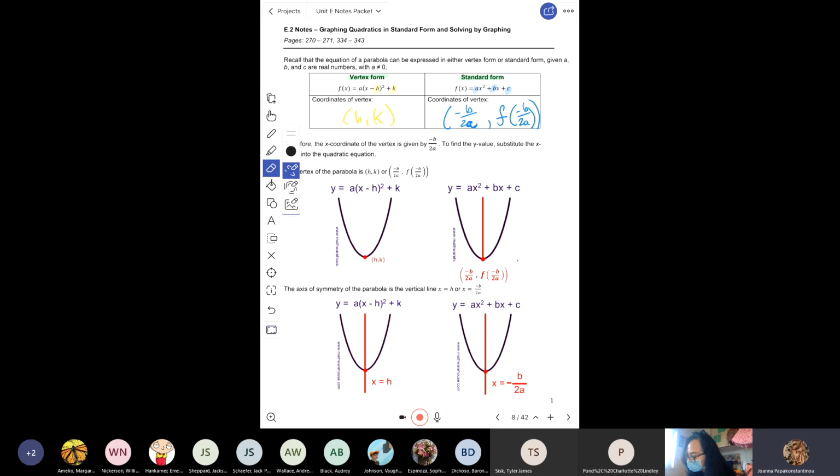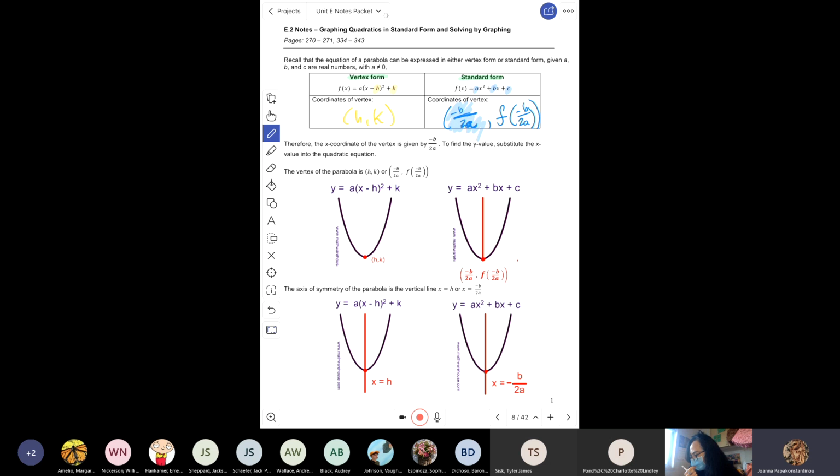Once I input this x into the function, I'm going to get f evaluated at that endpoint, the y, the k, okay? So the x coordinate of the vertex is given by negative b over 2a, and that's how you'll find the x value if it's given to you in standard form.